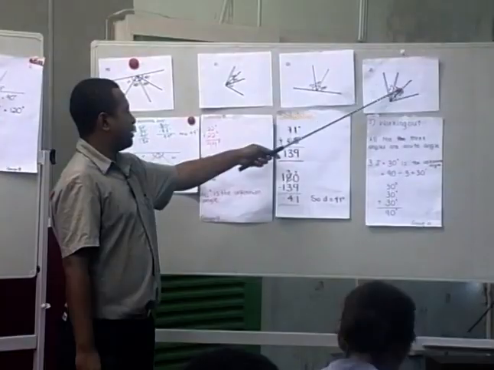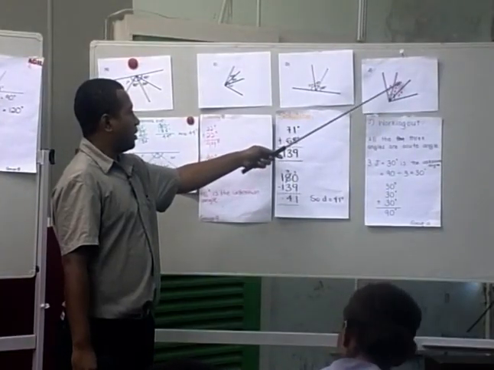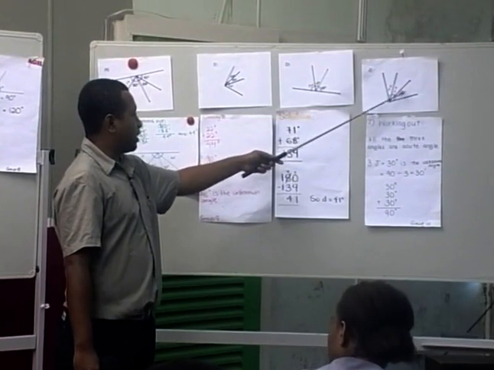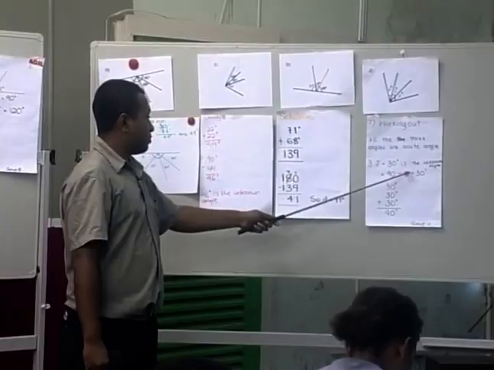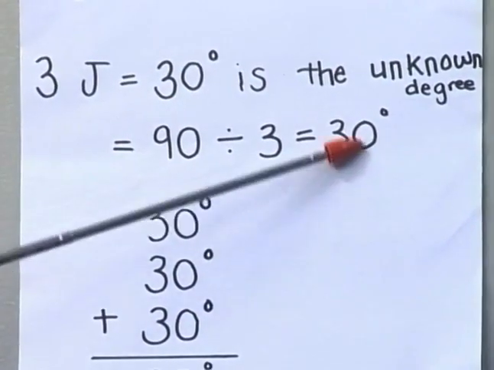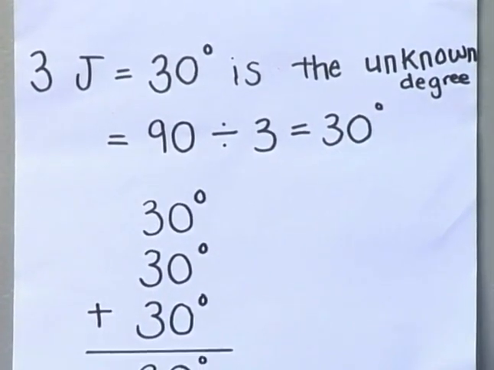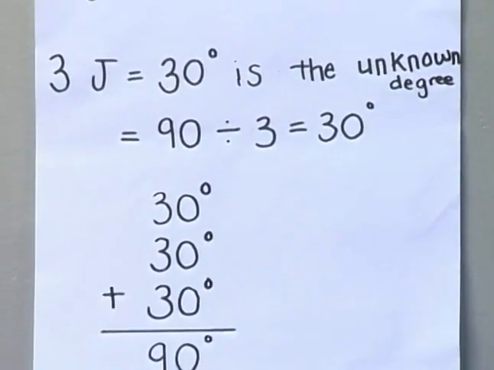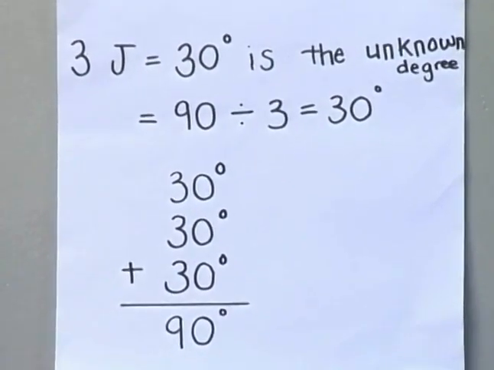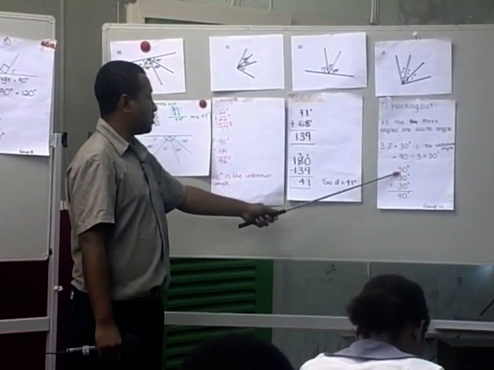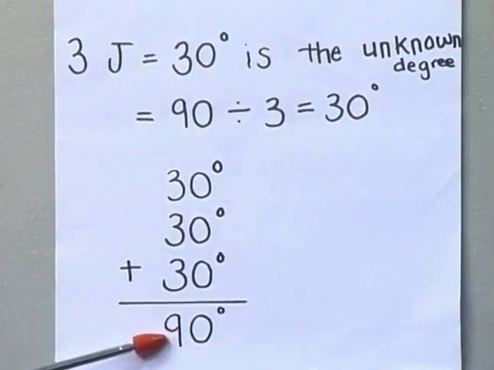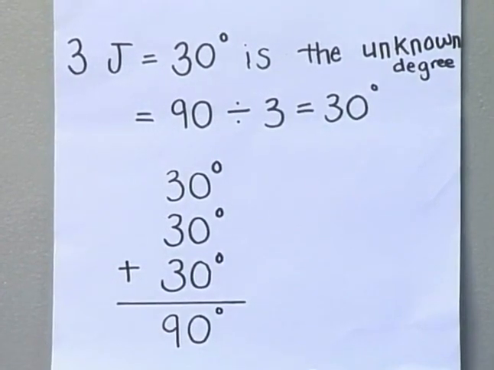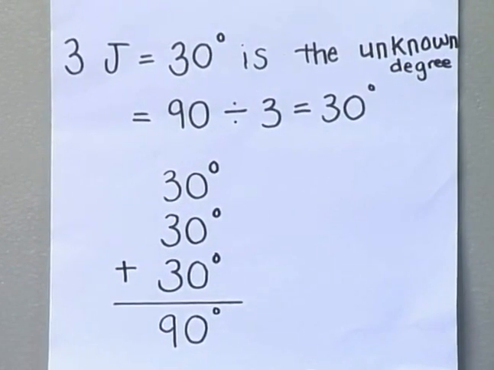They thought that these 3 angles are equal to each other, so 90 divided by 3 gave them 30 degrees for each angle, which is correct. So when they added up all these 3 angles, 30 degrees plus 30 plus 30, it gave them 90 degrees. So Eddie's group, very good.